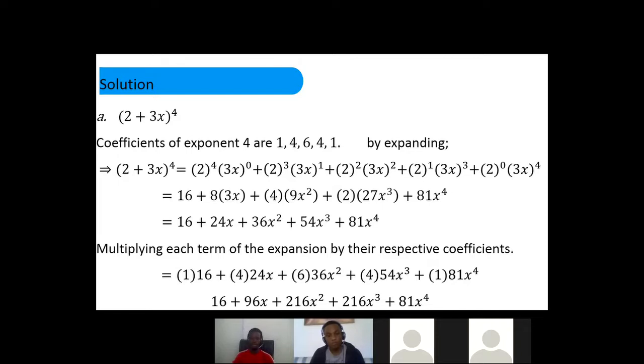Then when you go to the next multiplication, you decrease the exponent of 2 by 1 and increase the exponent of 3x by 1. So that will give us 2 exponent 3 into bracket, another bracket, 3x exponent 1.